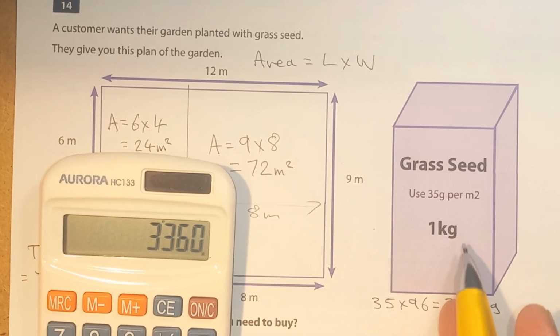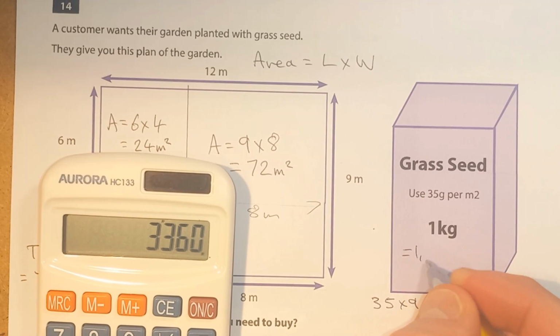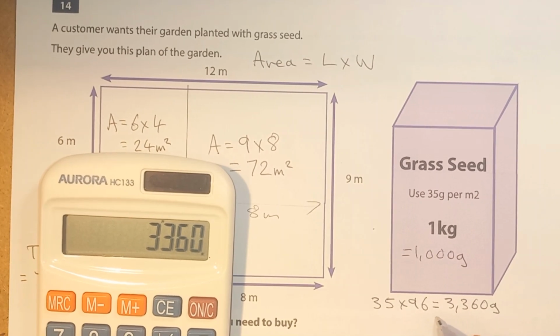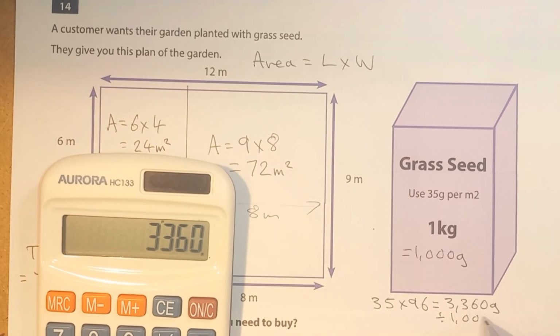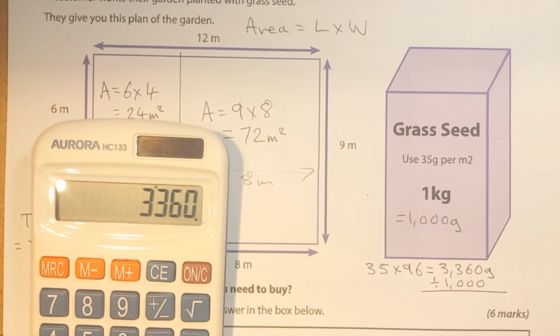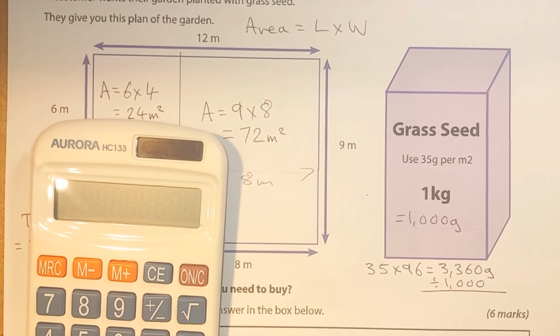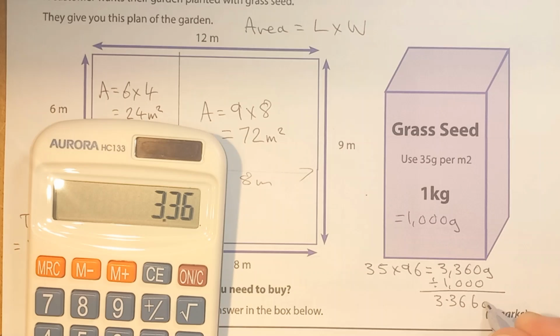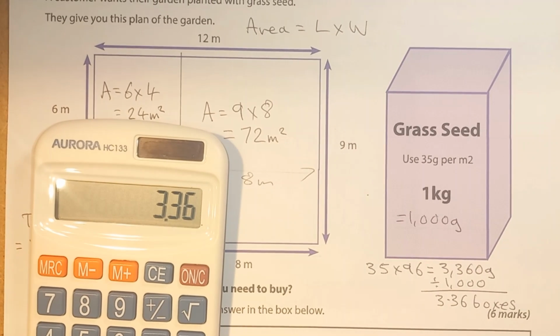Well, I know that 1 kilogram is 1,000 grams. So we want to divide this by 1,000. And if we do that, we get 3.36, and that's 3.36 boxes that we need.